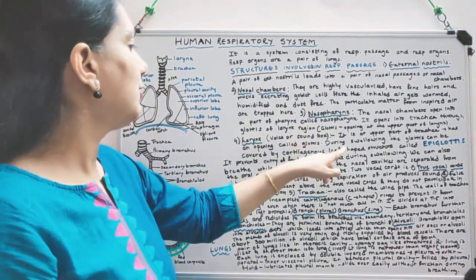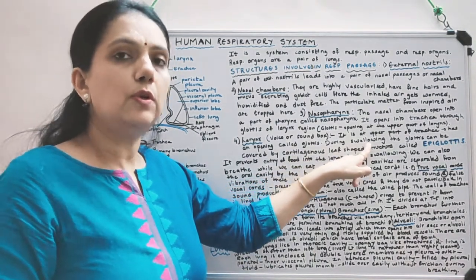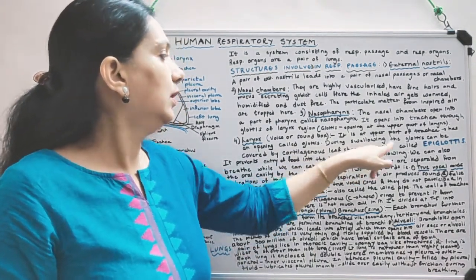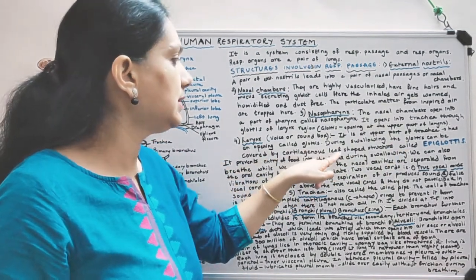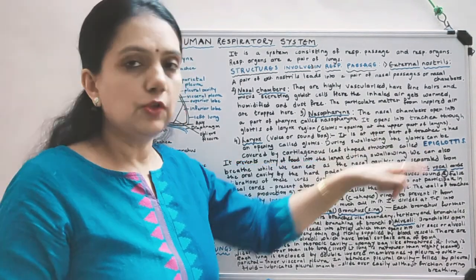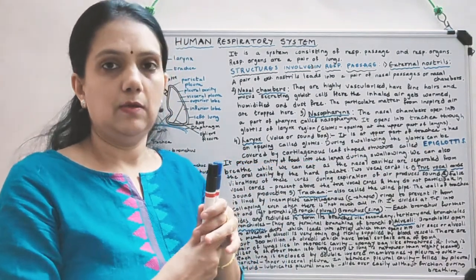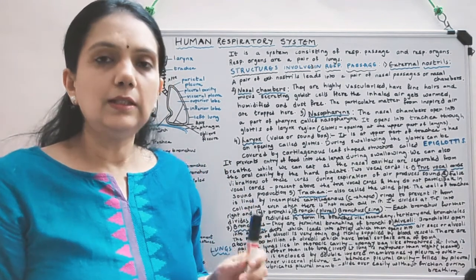So here you have to notice, during swallowing, when you eat the food or when you swallow anything, the glottis can be covered by a cartilaginous leaf-shaped structure called epiglottis. Normally when you are breathing in air and not eating anything, there is no issue.